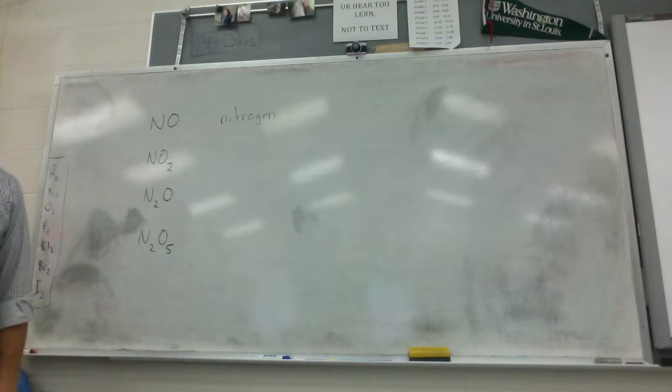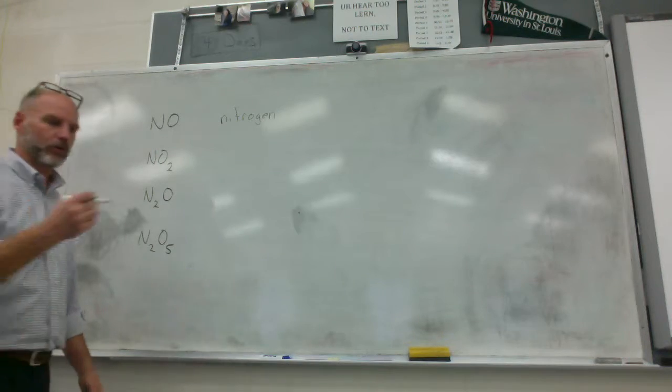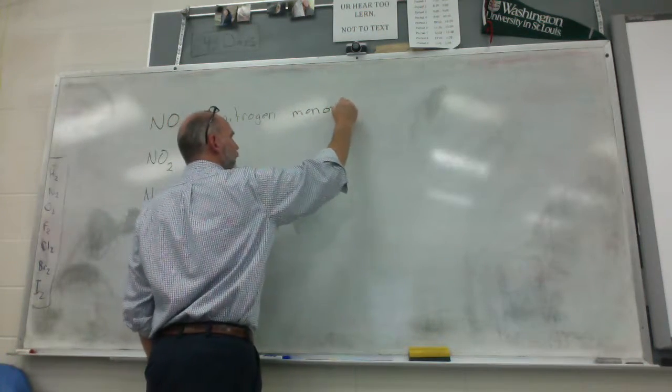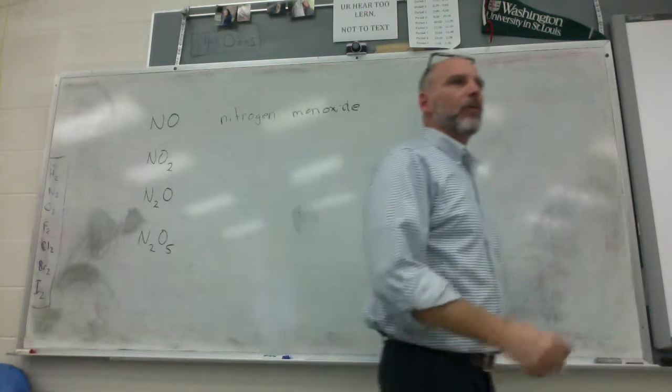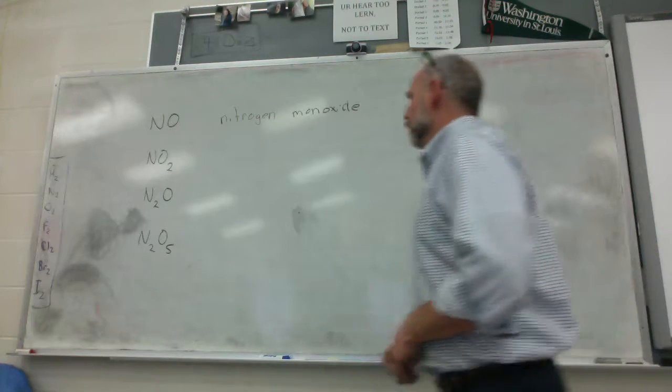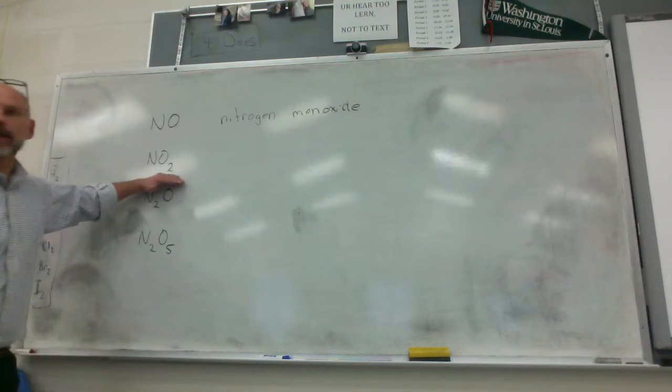So, how many oxygens are there? 1, so it's going to be monoxide. Now, you guys are already familiar with a similar compound, or a similar name anyway. Carbon monoxide. Now you know why it's called carbon monoxide. Okay? This next one. Anyone want to take a stab here?